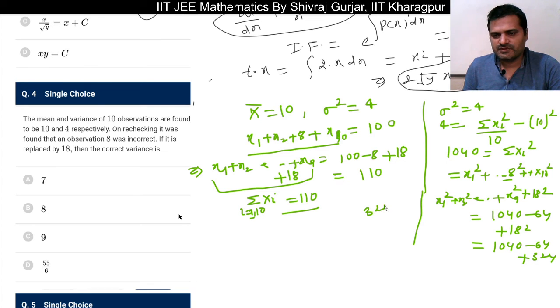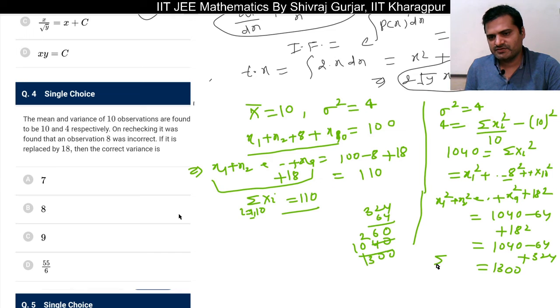So if we subtract 64 from 324, this is 260. 260 and 1040, this is 1300. So we have sigma xi square where i is 1 to 10 is 1300.